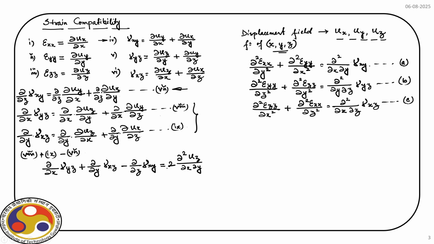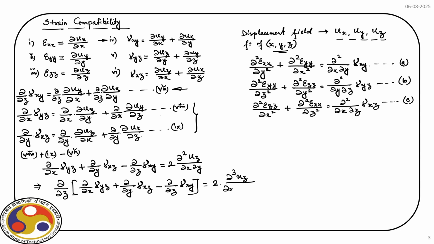Okay. Now, what we do, this expression, if we differentiate both sides with respect to z, we have 2 times this quantity, right.